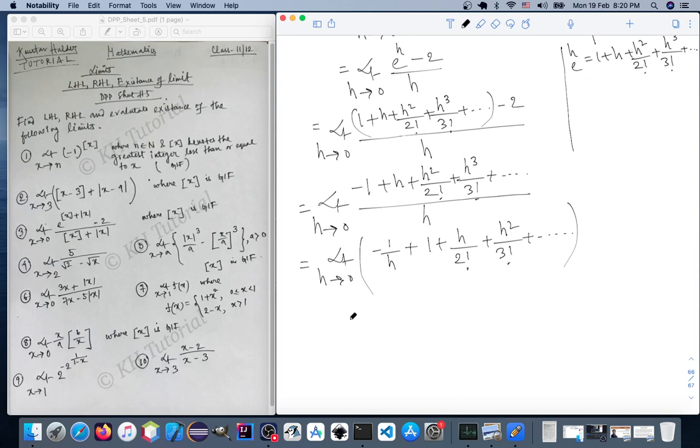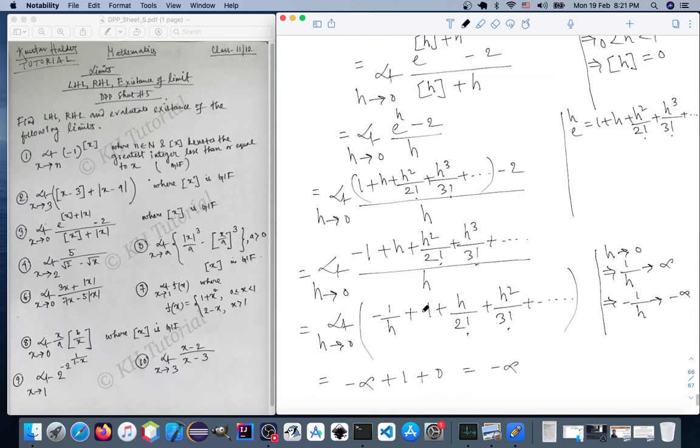If we substitute h as 0, this becomes minus infinity plus 1 plus 0, which equals minus infinity. Since h is tending to 0, this implies 1 by h tending to infinity. This implies minus 1 by h tending to minus infinity.